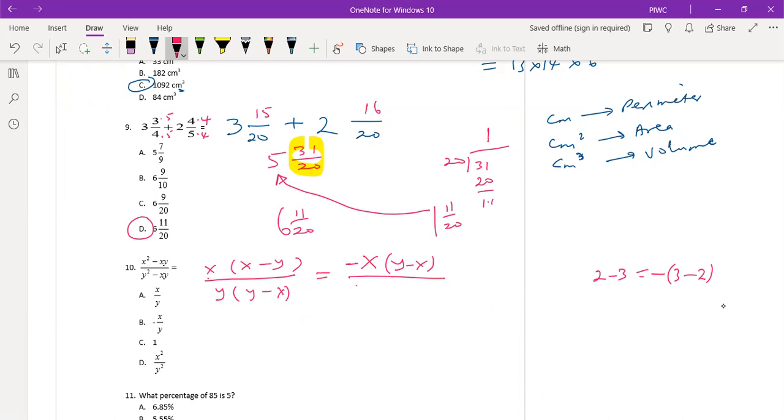Then they look alike. Now I can cross out the common factors. So the answer will be negative X over Y. So it should be B.